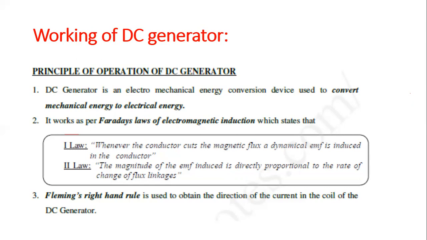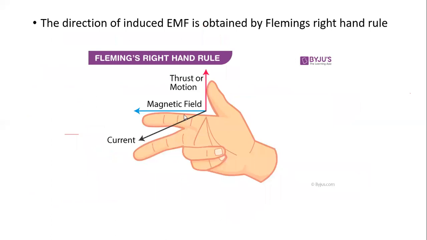The direction of that induced EMF will be found by using Fleming's right hand rule. Understand? What is Fleming's right hand rule? The thumb, forefinger and middle finger are perpendicular to each other.